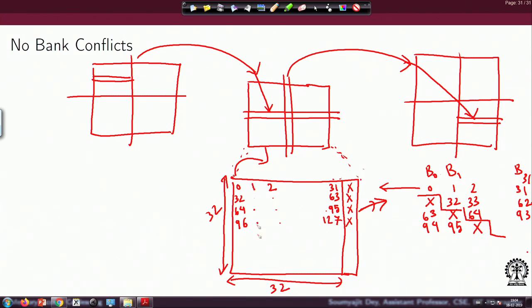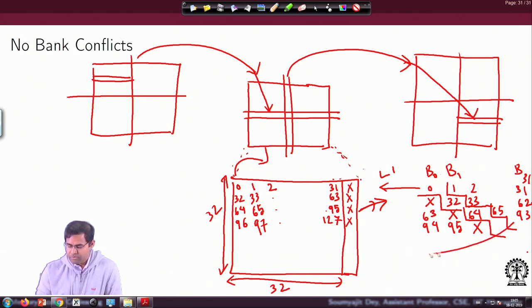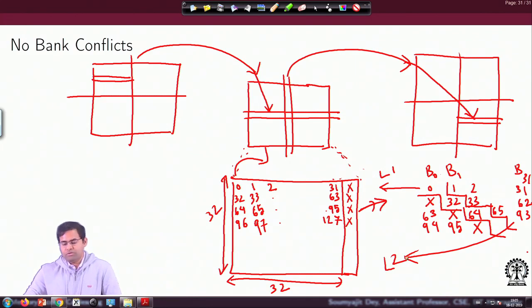Similarly, in the next column, what do I have? 1, 33, 65, 97. Here you will have 65, and similarly like that. So, this is the output that you get in load 1, and in the next access you are going to get all the data in the second load, and so on and so forth.